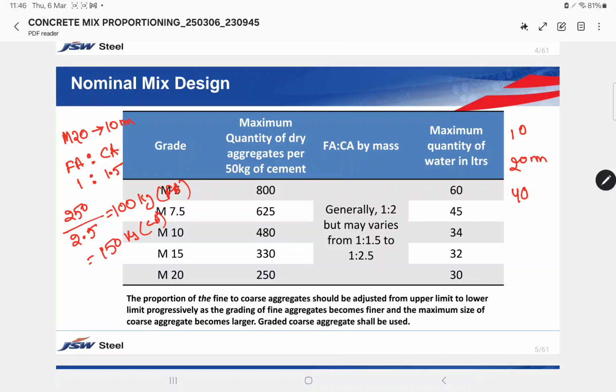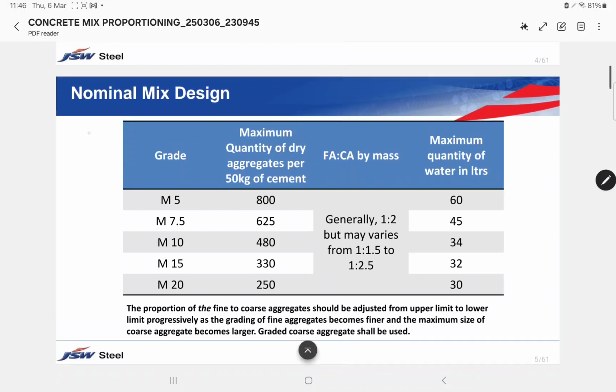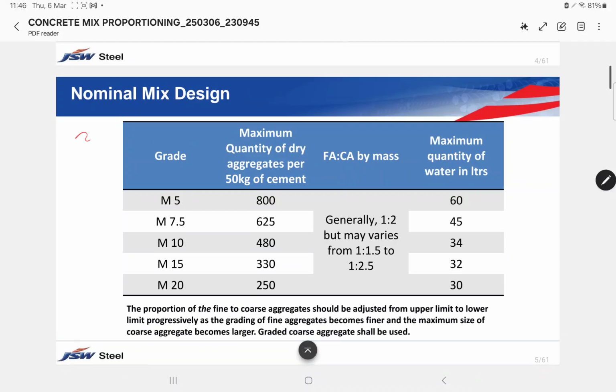aggregate content. And if instead of 10, it is 40 aggregate, then my fine aggregate to coarse aggregate content becomes 1 is to 2.5. So I have to divide 250 by 3.5.